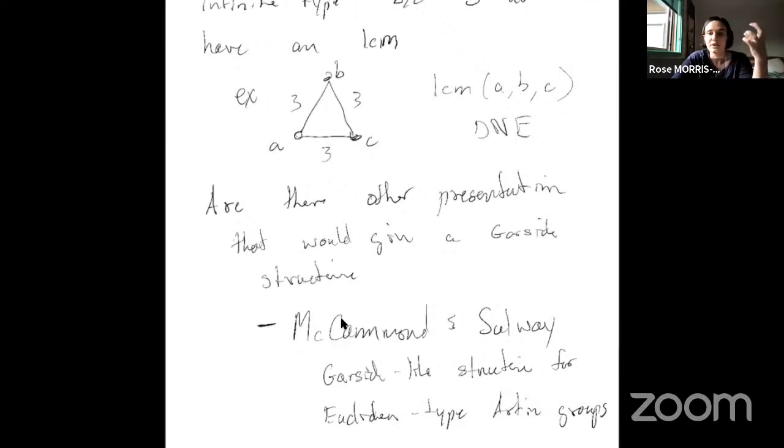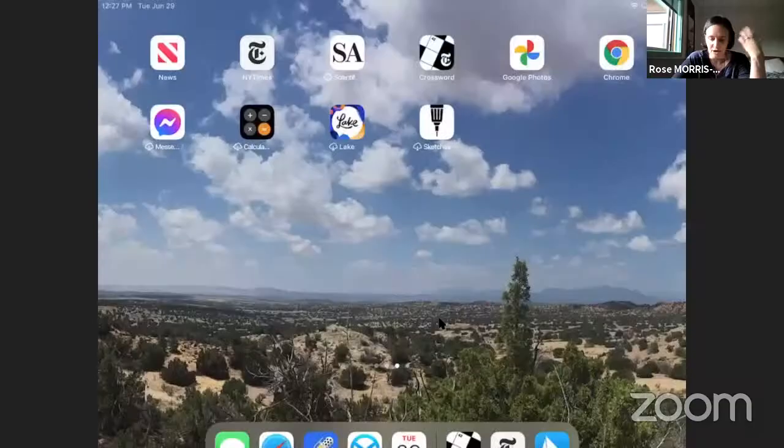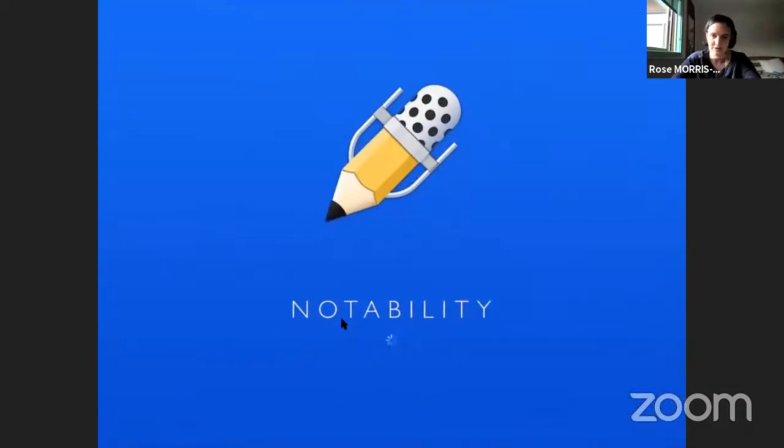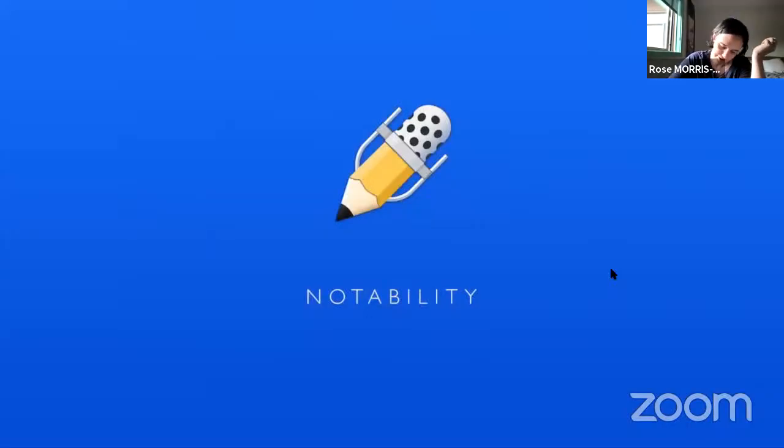Because when their Coxeter groups are acting on a vector space, that vector space is spherical. And you can also get Euclidean type.